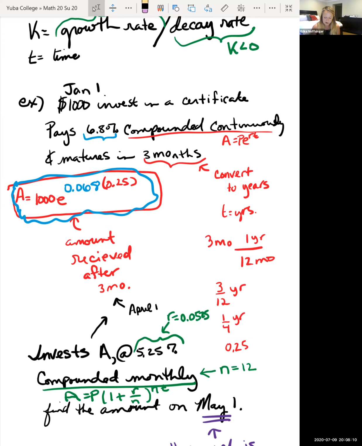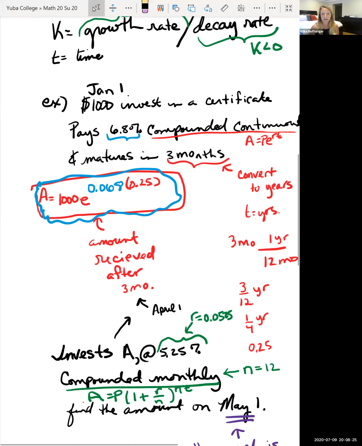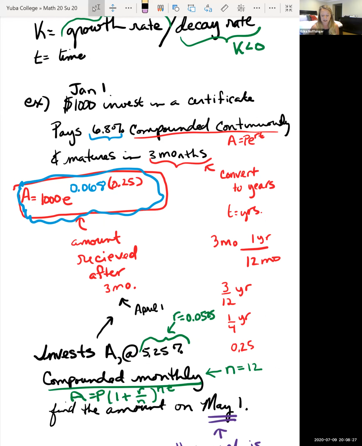And so when I had taken the calculation, there was a person who put in $1,000 in a month into an account that got 6.8% compounded continuously. And she could put it in for 3 months, and she did, and she then took it out. So we plugged this information into the equation: $1,000, 0.068 is the decimal form of the percent, and 3 months we had to convert into years, so we got 0.25.